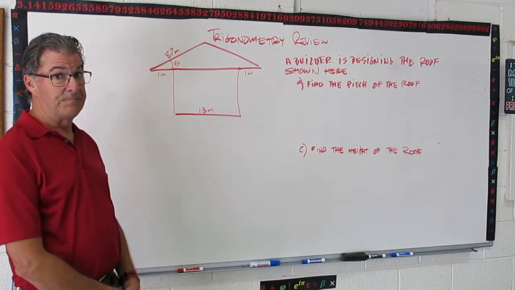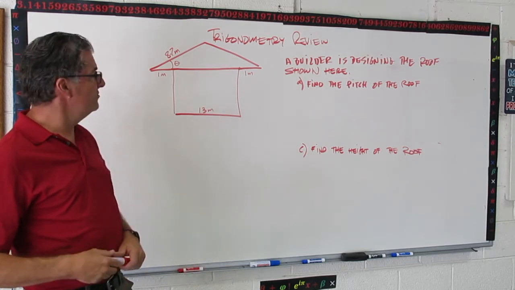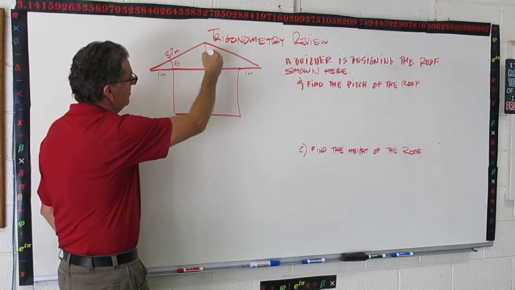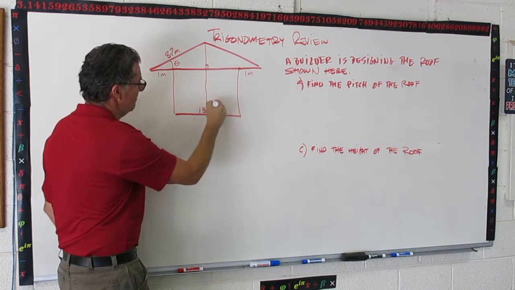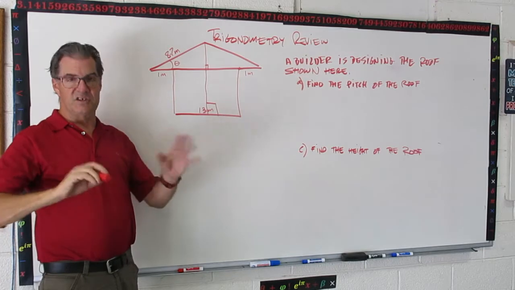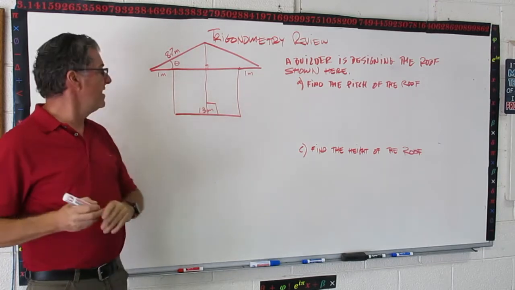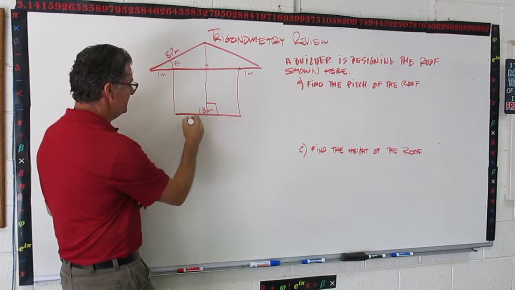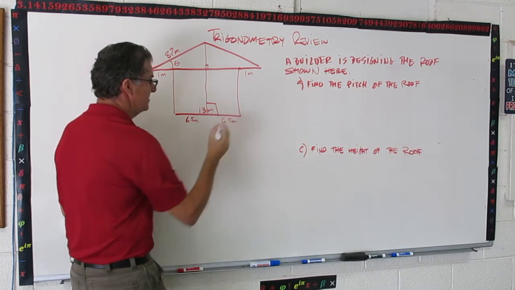Pause the video now. Okay, so there's some things you've got to do before you know all your numbers. First one, I'm going to drop a vertical straight down there. And that's going to make a right angle there and a right angle there. Now, since that's a vertical, we can assume, actually, let me back up a minute. If you see a diagram like this that looks symmetrical, you can assume that it's symmetrical. So if this is 13 meters, then this is 6.5 meters, and this side is 6.5 meters.